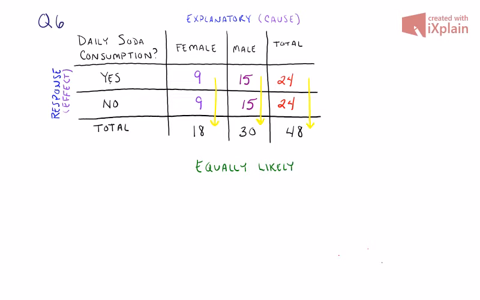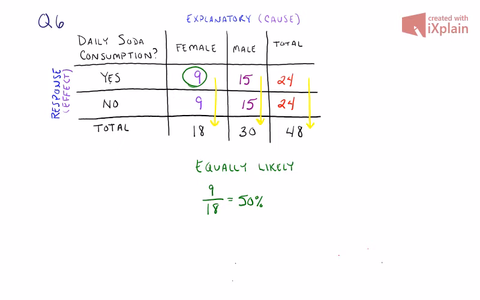So in this case, for example, if I looked at the 9 females who said yes, they have a daily soda consumption habit, 9 out of 18 comes out to 50%. I'm obviously skipping some steps, going straight to the percentage as opposed to doing 9 divided by 18, which would give me 0.5, and then converting that into 50%.